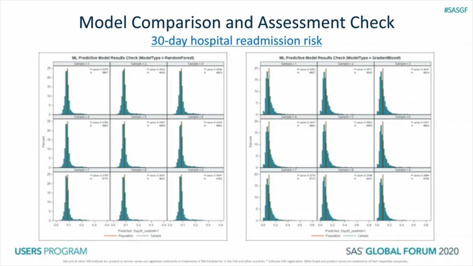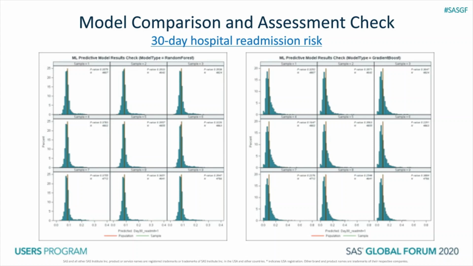The plot on the left displays the model prediction from a random forest, and the plot on the right displays the model prediction from a gradient boosting model. We can notice that the effect of this variable on readmission risk is dependent on blood glucose status, which is our model feature that we are testing here.